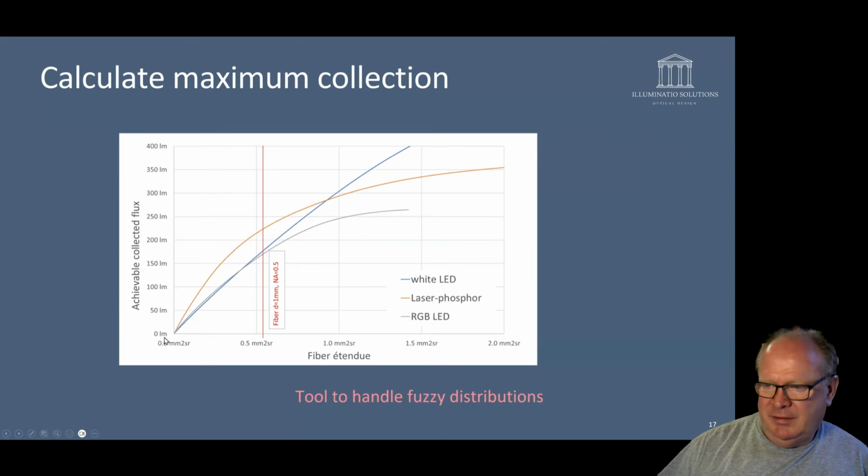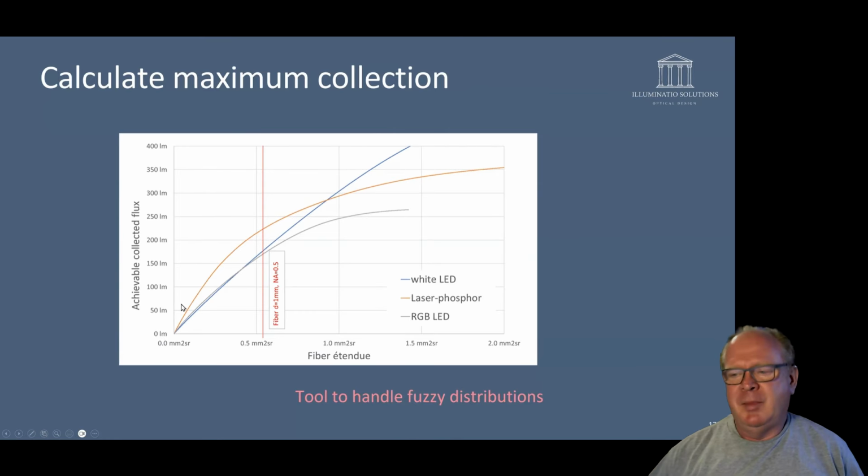I have here in this luminance diagram, on the x-axis, the étendue, and on the y-axis, the flux. And if I plot my cumulated information for a certain source, for example, the blue curve is a white LED, then you get this one.